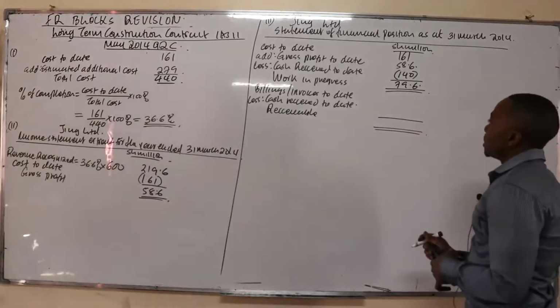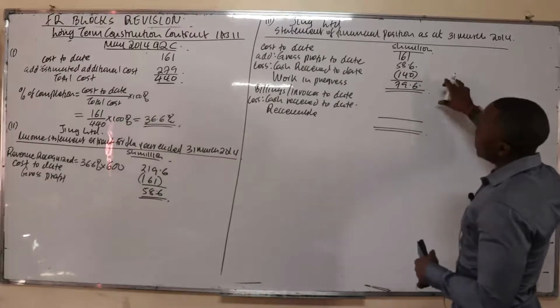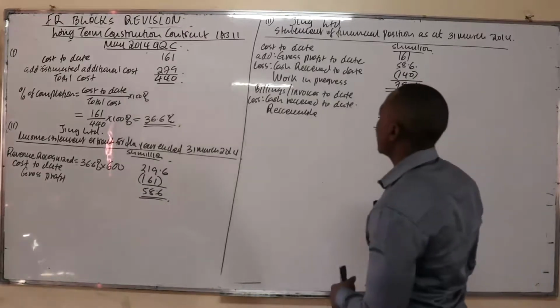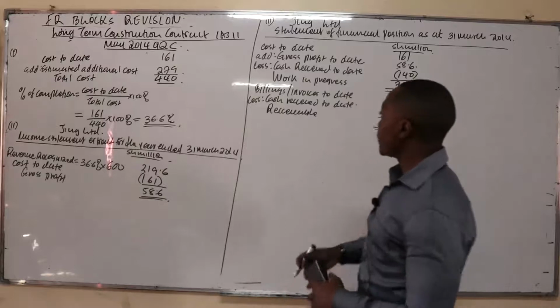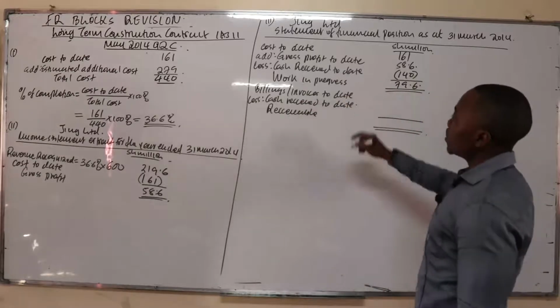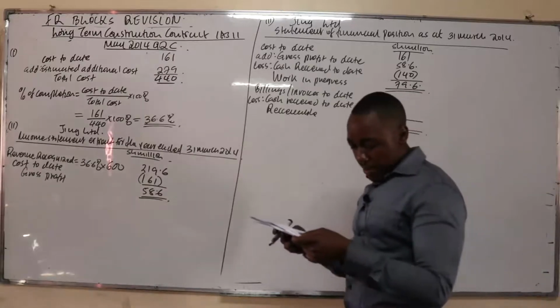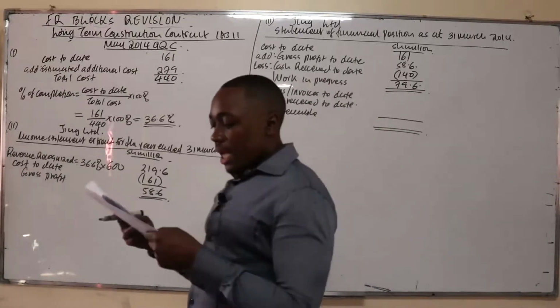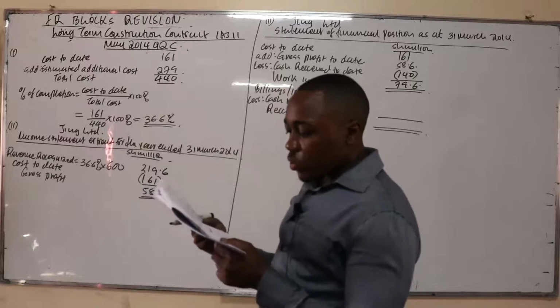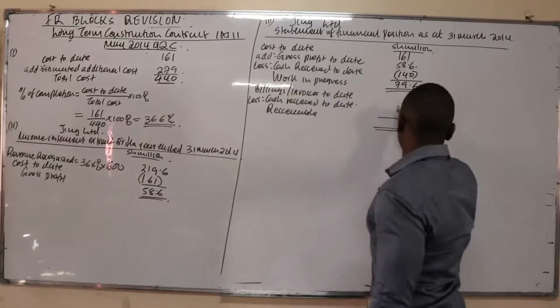Good. So that means it's the work which has started, but it has not yet been completed by the end of the year. Then we want to determine the amount of receivable. You take the billings or the invoices to date, and you are given in additional information number 2. Architect certificate invoice to date amounted to 155.